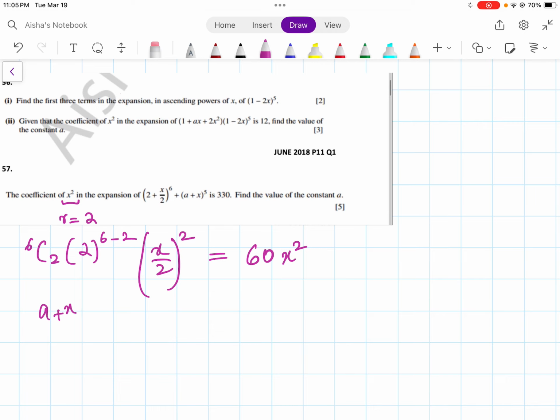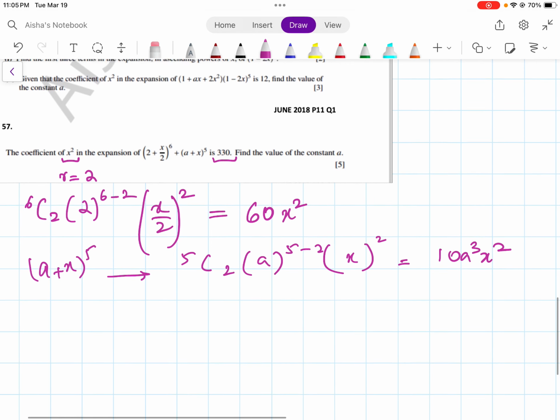Okay, (a plus x) power 5, when you input 5c2, a to the power 5 minus 2, x to the power 2, that's going to give you 10a cube x square. Now they're saying the coefficient of x squared is 330.